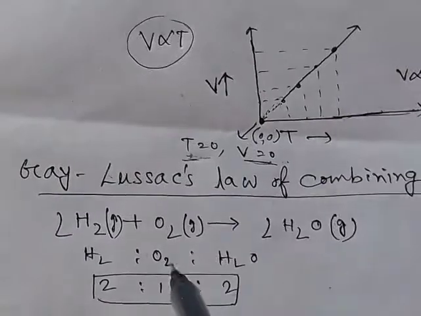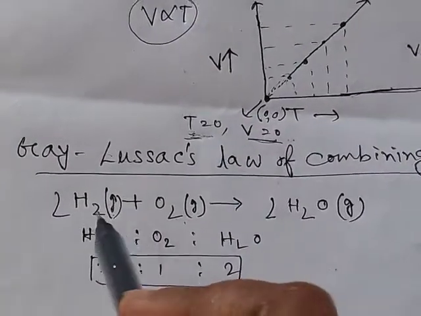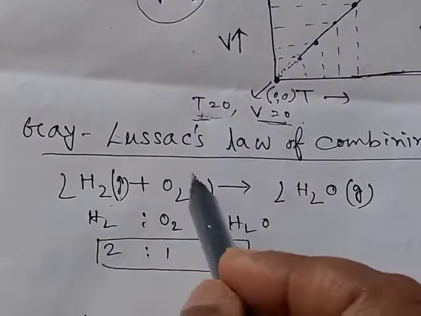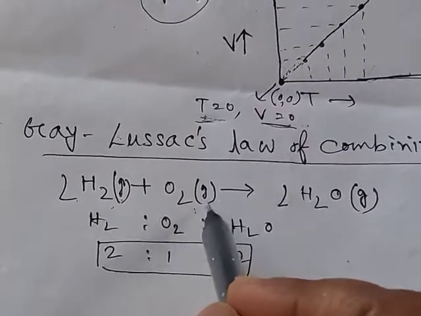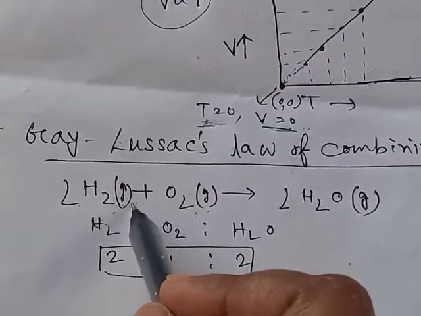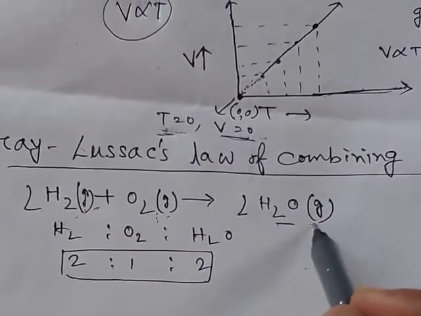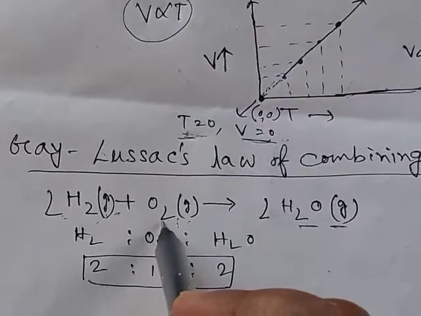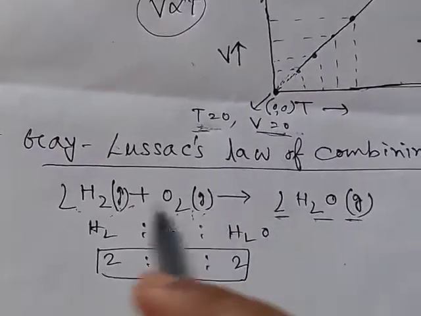That means if the reactants are gases, say here hydrogen gas and oxygen gas, they react in a simple ratio. Here from the balanced equation we get hydrogen reacts with oxygen to form steam, that is water vapor in the gaseous state. 2 volumes of hydrogen react with 1 volume of oxygen to form 2 volumes of water, from the balanced equation.